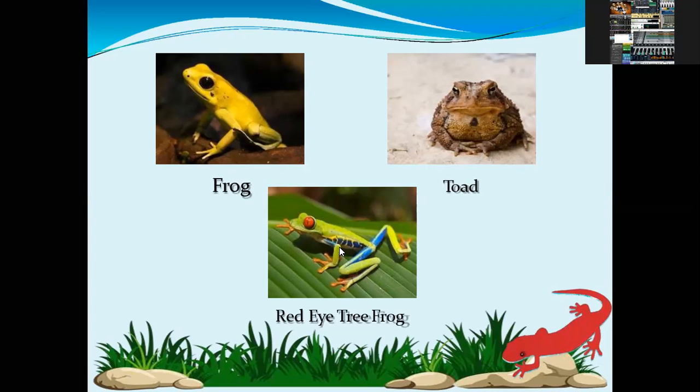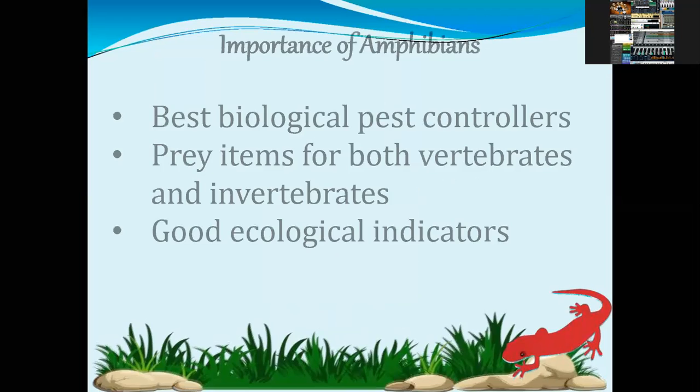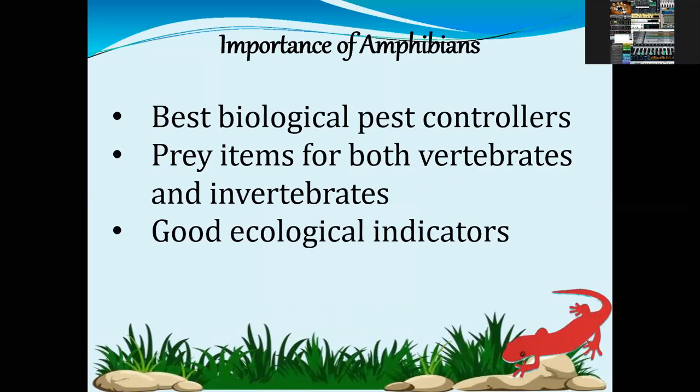This is one exceptional frog which has red eye color. Due to this, it is named the red eye tree frog. It lives on trees. Okay, these are a few tailless frogs.